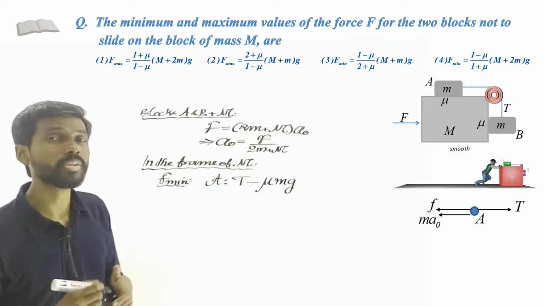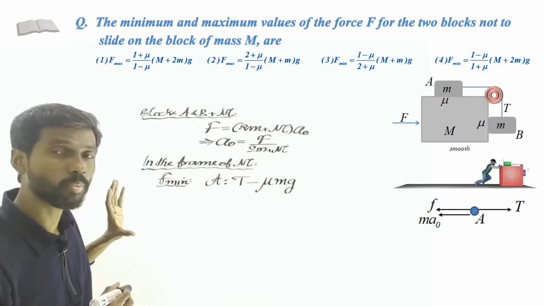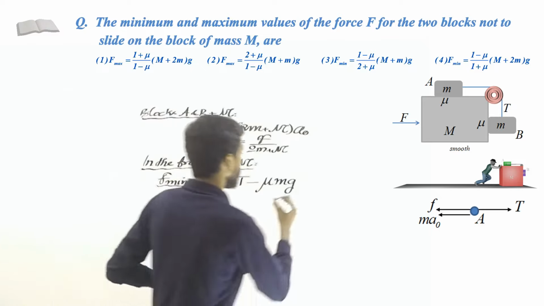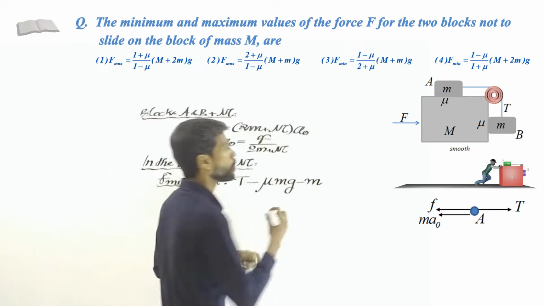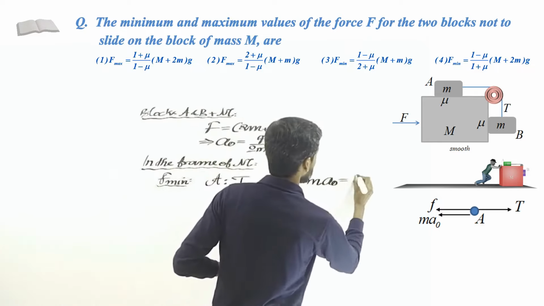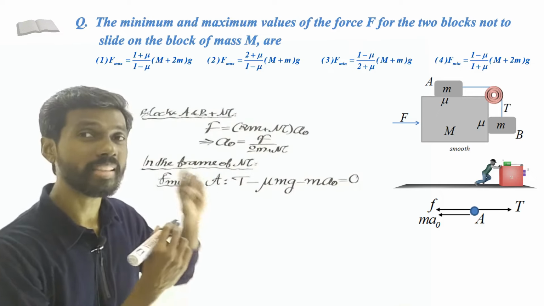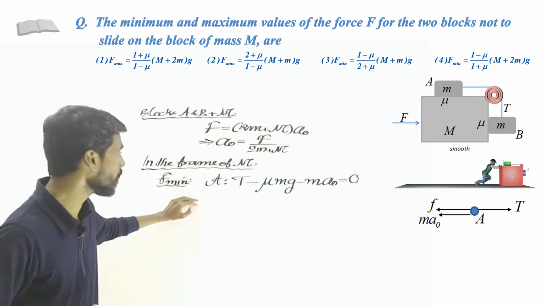Also the pseudo force, because the observer, the bigger M, is moving in this direction, so there is a pseudo force in the opposite direction: mass multiplied by the acceleration of the observer, A0. The total force must be equal to 0, because with respect to the bigger block, block A is in equilibrium. That is for block A.